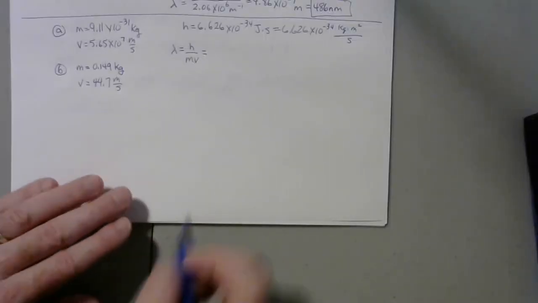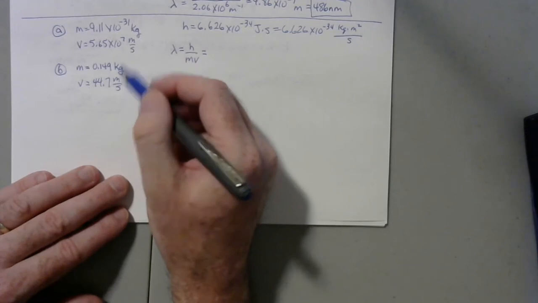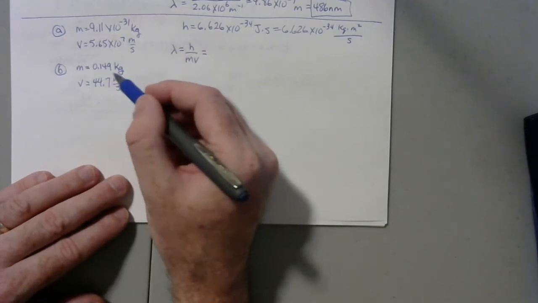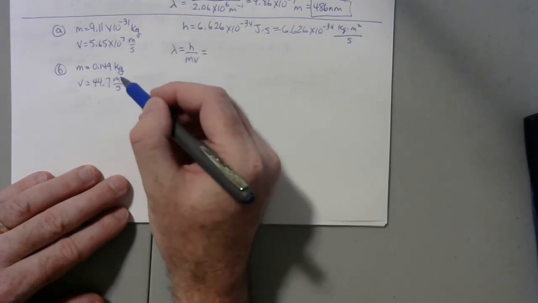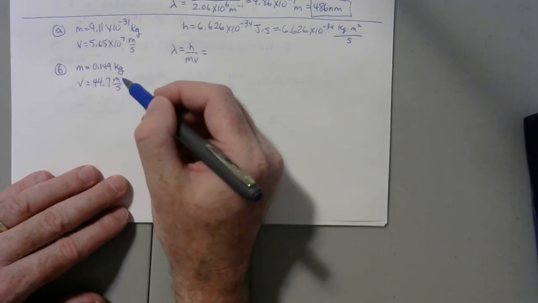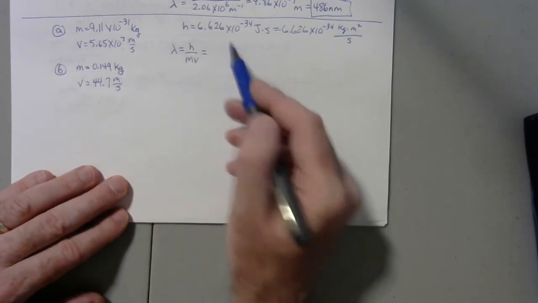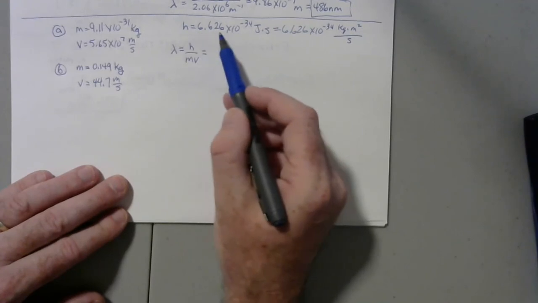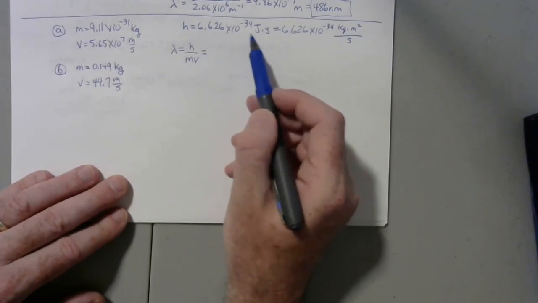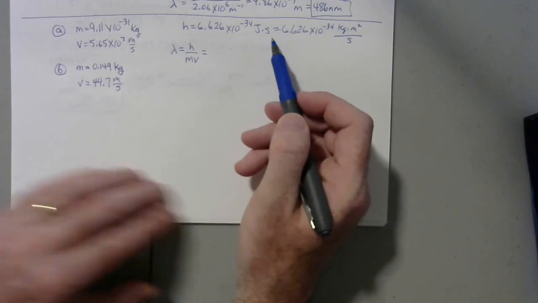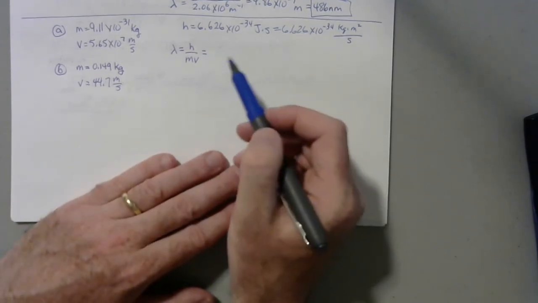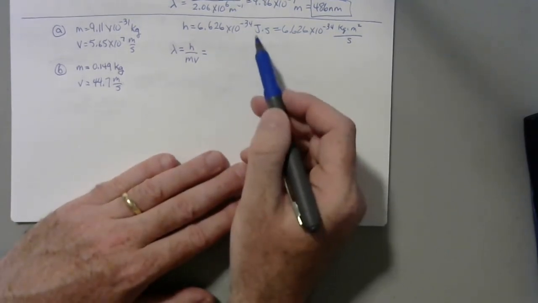All right, so if we look at this problem, I've pulled over the data for both. I've converted that 149 grams to 0.149 kilograms because I have to use kilograms to make the units work out. The reason is Planck's constant is 6.626 times 10 to the minus 34th joule-seconds, but the units aren't going to seemingly cancel out unless you split the unit up.